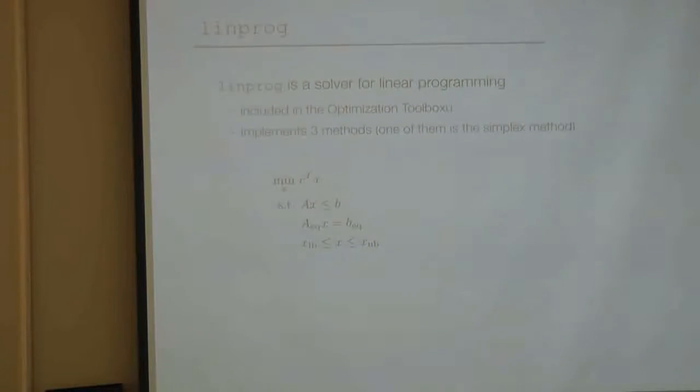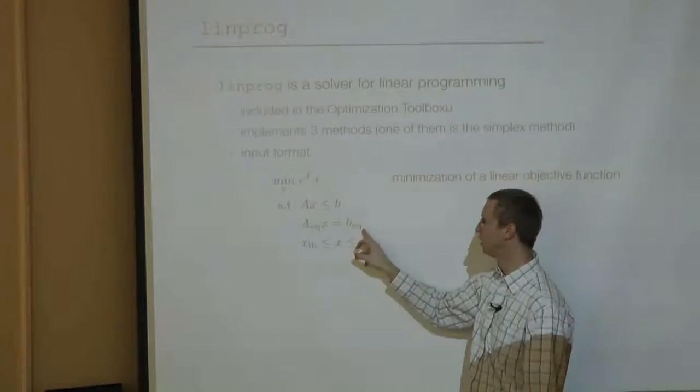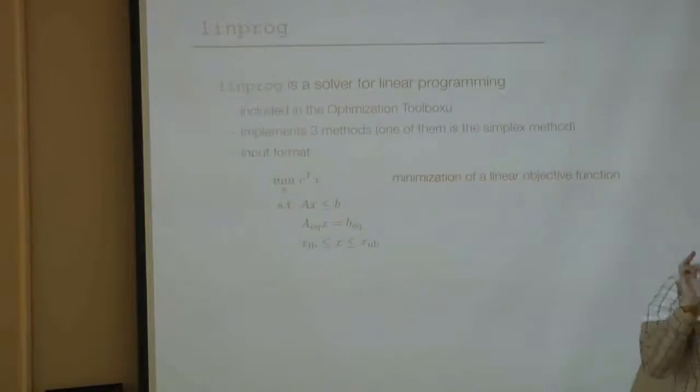One of them is the simplex method. And the input format is exactly this, so we have to have the minimization of the objective function. So again, what linprog expects is just these data: C, A, b, A equality, b equality, and lower and upper bounds. It is your responsibility to convert your problem into this standard form.